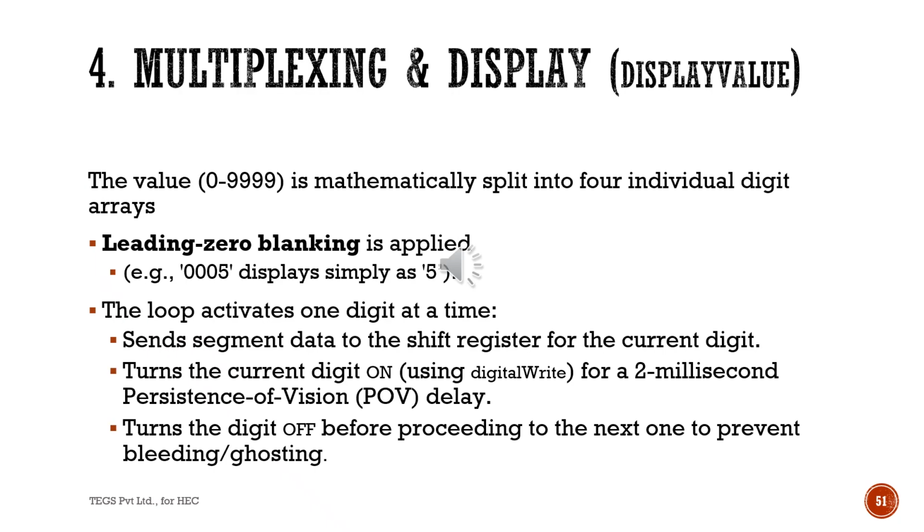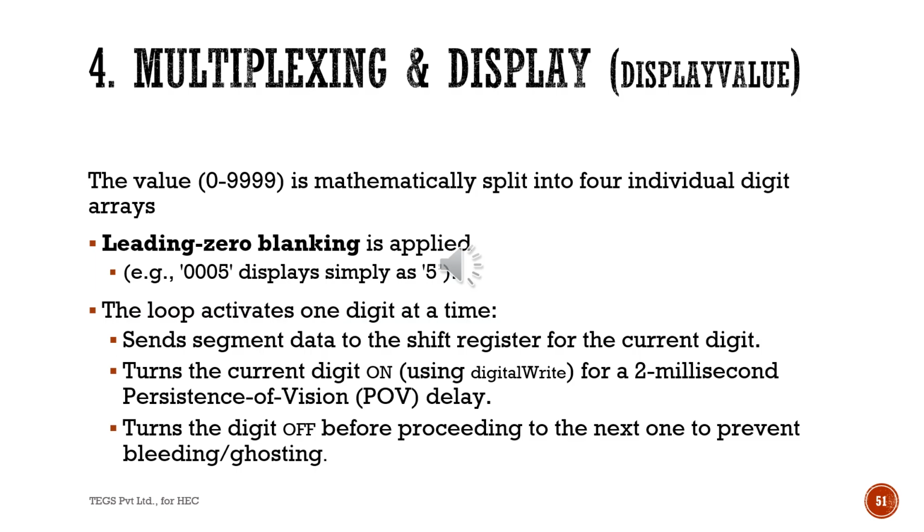Section 4 of the working, multiplexing and display. A value of 0 to 9999 is mathematically split into 4 individual digits. Leading 0 blanking is applied. For example, if 0005 is to be displayed, it will be displayed as 5.